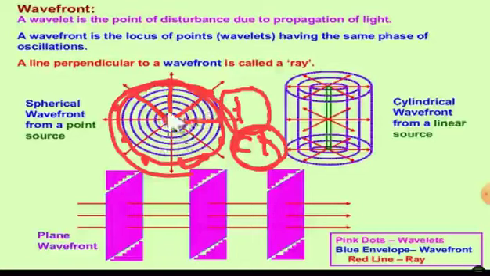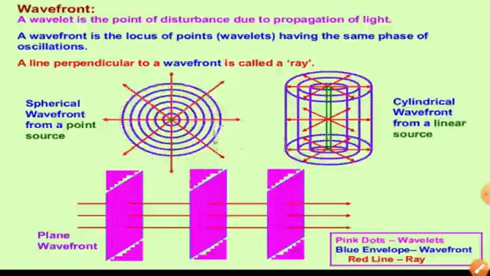There are many wavefronts that I have drawn here, and I've just taken out the outermost one as an example. Now a line perpendicular to the wavefront is called a ray, and it will always be perpendicular to the wavefront. If you take a point somewhere here and draw a tangent onto this spherical surface, we know that the radial segment is always perpendicular to the tangent.